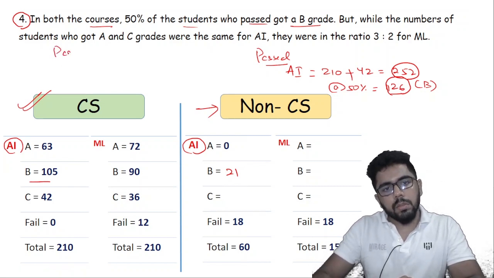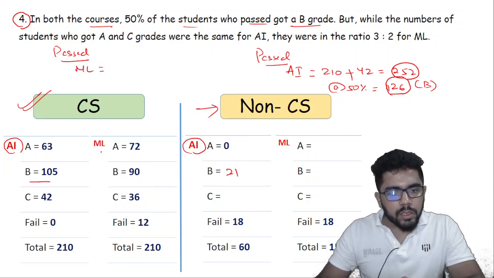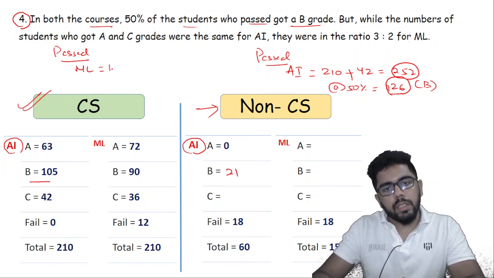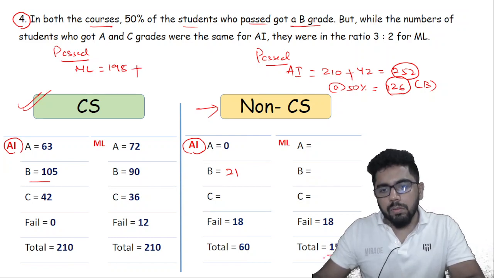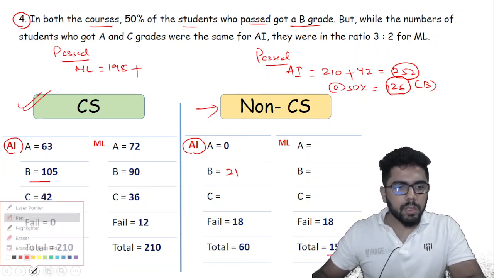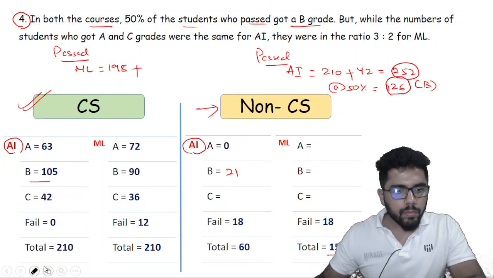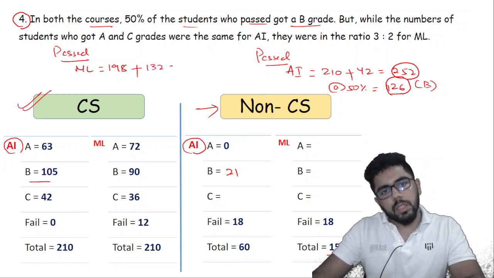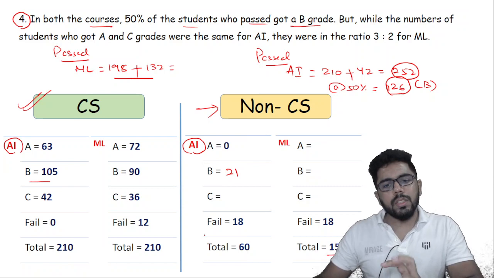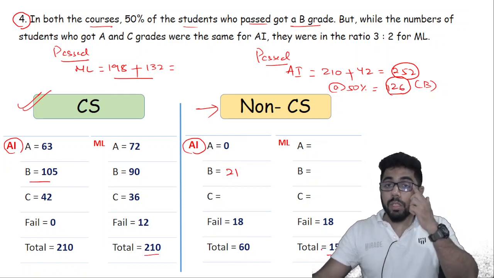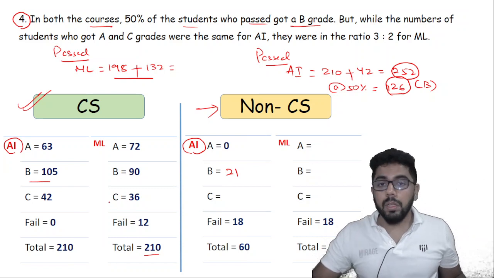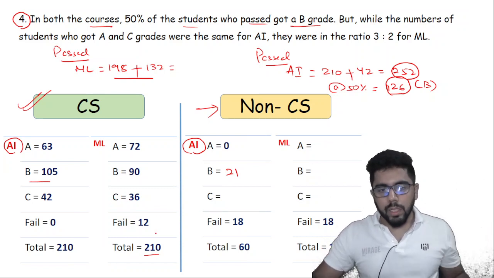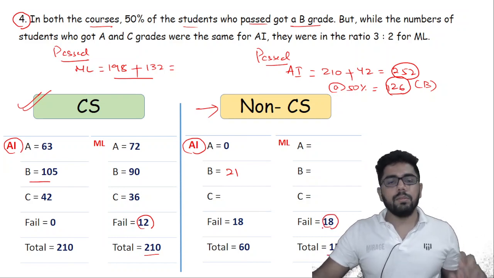Similarly, if I am taking the number of students who passed in ML, in the CS department 12 students have failed out of 210, so 198 have passed. Or you can take it this way: 210 and 150, a total of 360 students have taken the ML course, and out of that 12 plus 18, 30 have failed.